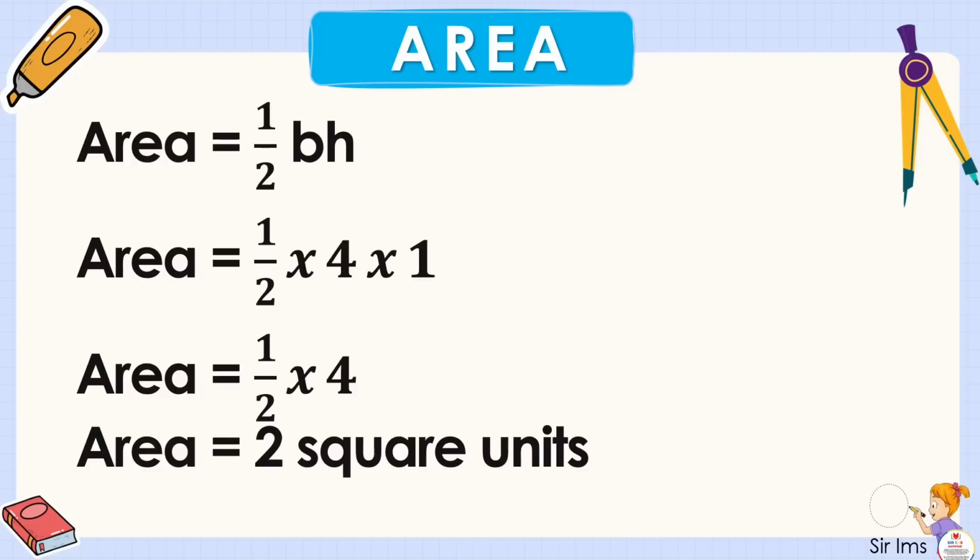You can also multiply 1/2 times 4 first. 1/2 times 4 over 1, you cancel out, and that will give you 2 times 1. Same thing. The answer is both 2 square units. So whichever comes first, we will come up with the same answer. So, no need to worry.